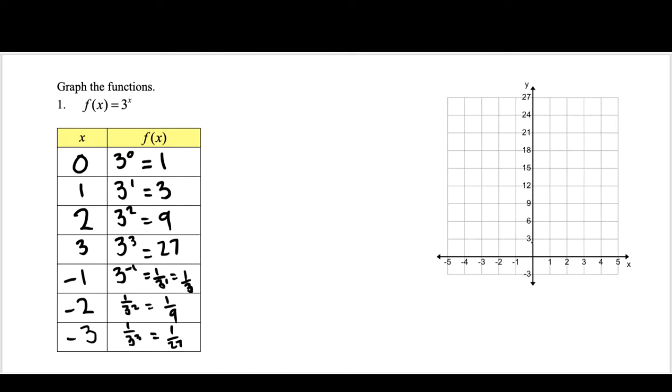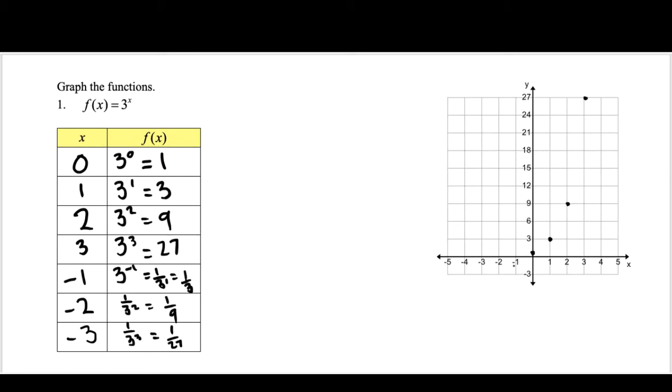If I plot these points on my coordinate system, when x equals 0, y equals 1. That's going to be right about there. It's not perfect, but when x equals 1, y equals 3. When x equals 2, y equals 9. When x equals 3, y equals 27, all the way up here.